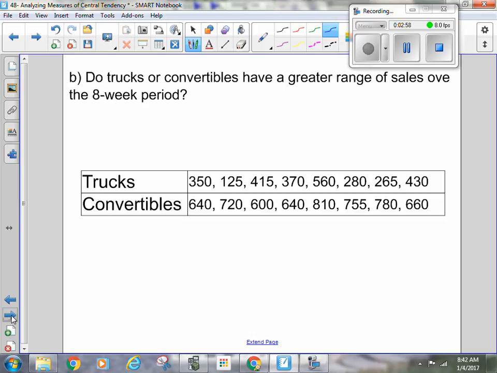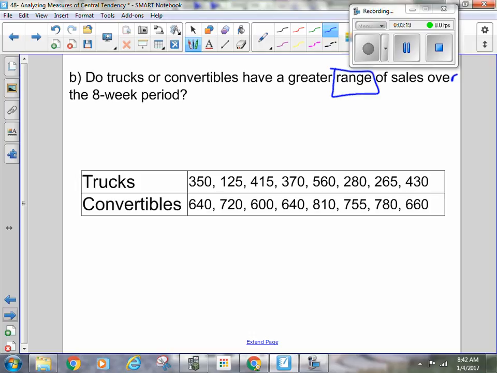All right, B, do trucks or convertibles have a greater range of sales over the 8-week period? Okay, so if we look at it, let's talk about range. This is also a measure in our statistics. So range is smallest number to largest number.